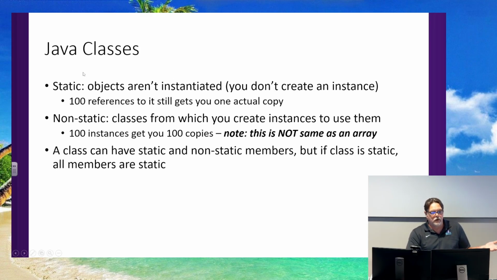As a reminder, we kind of talked about this last time. Static objects, you don't instantiate those. Another word you might hear is global, but we use the term static in Java. We don't use the term global as much.